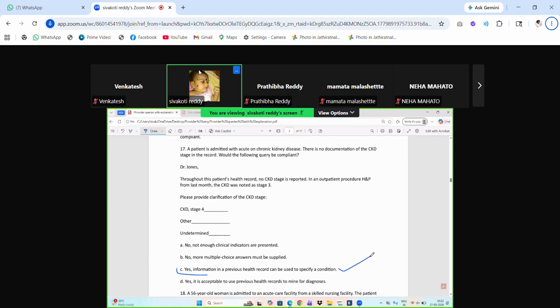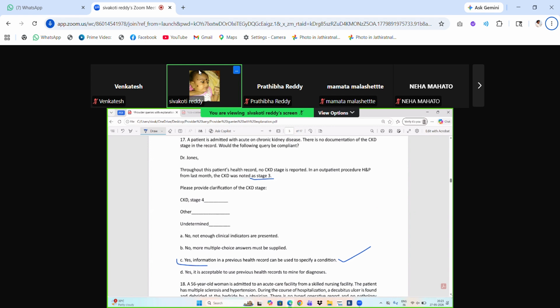Specificity we can take from anywhere in the record. From here we can consider CKD stage 3. No need to raise the query. Specificity we can take from anywhere in the document. Okay, we can go with option C.